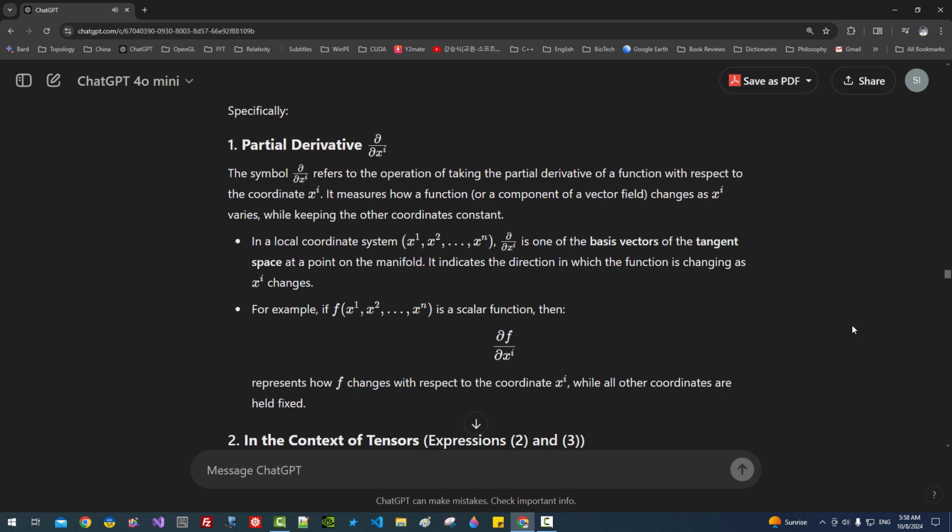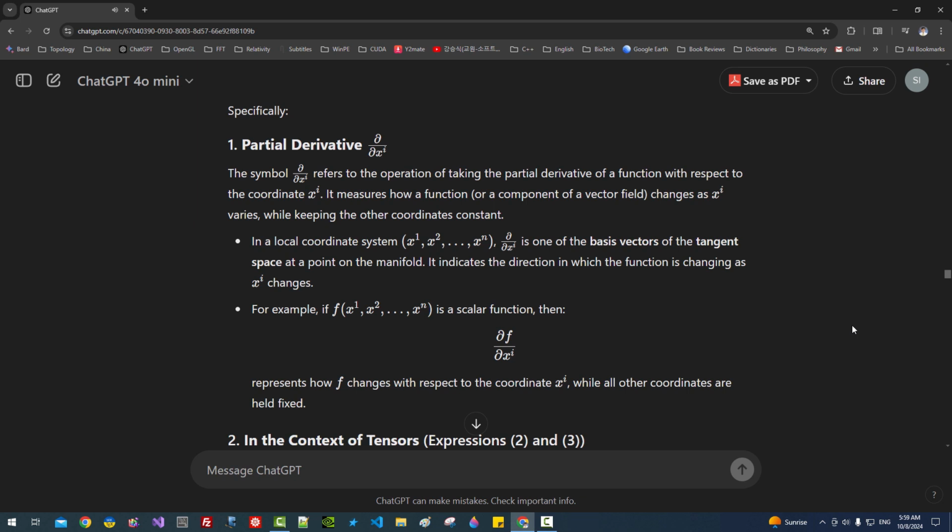It measures how a function, or a component of a vector field, changes as x^i varies, while keeping the other coordinates constant. In a local coordinate system x^1, ..., x^n, ∂/∂x^i is one of the basis vectors of the tangent space at a point on the manifold. It indicates the direction in which the function is changing as x^i changes.